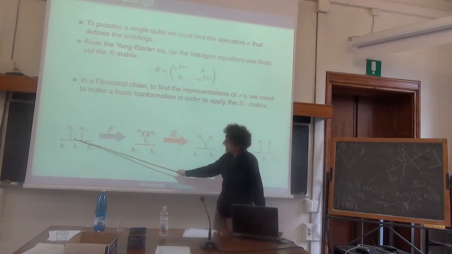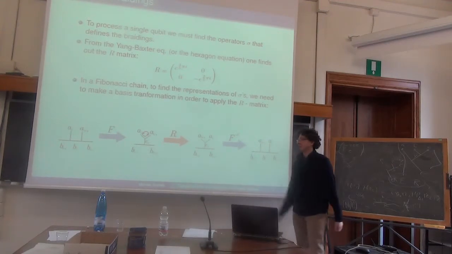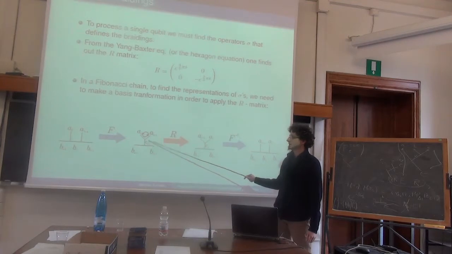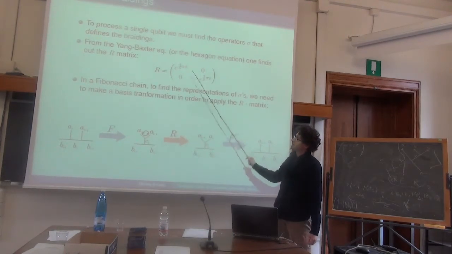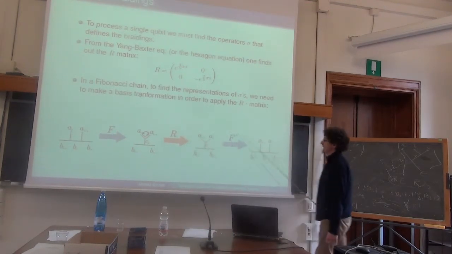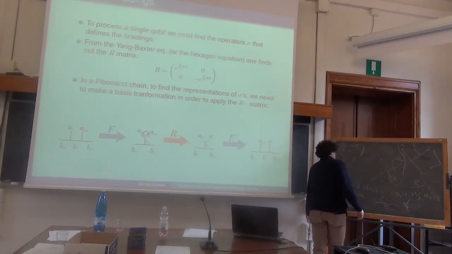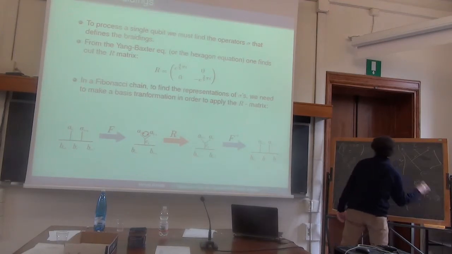So I need to move from here to a new basis in which we are fusing together. Here I know that it is diagonal, and I move back to the original basis.